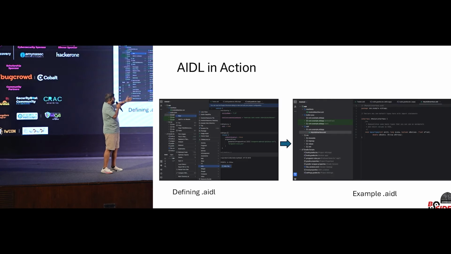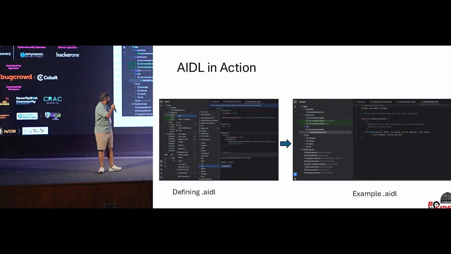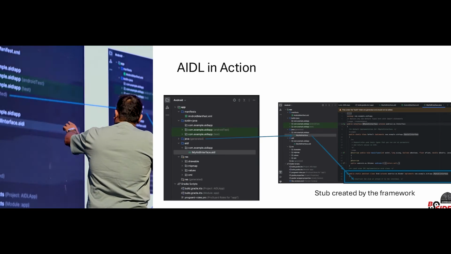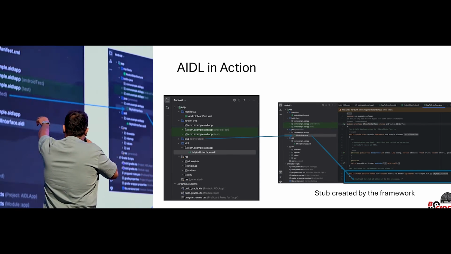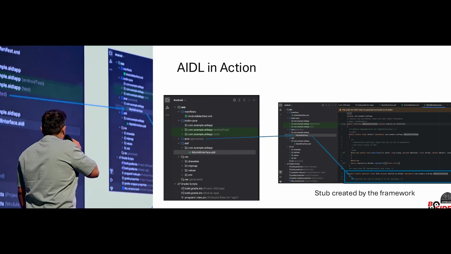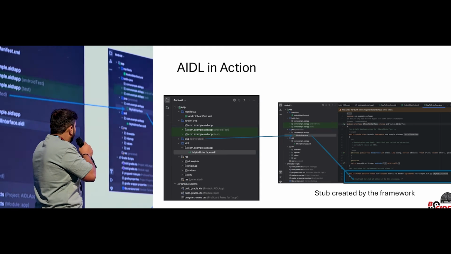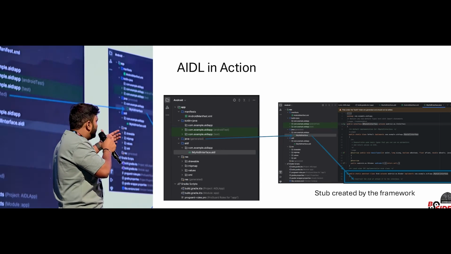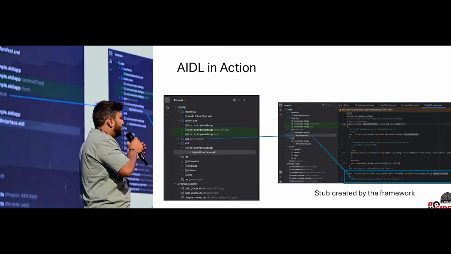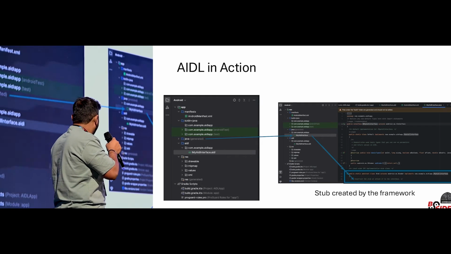And when you compile the app, the underlying framework would create a stub which will have basically the complex logic implemented. So as we can see here, the Java, and it has in the parenthesis generated, is code generated by the framework to facilitate our IPC.